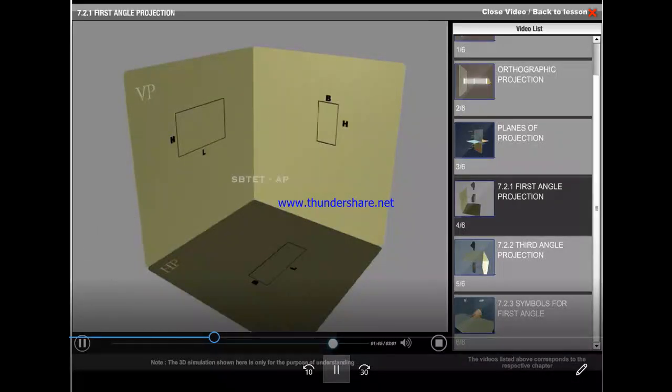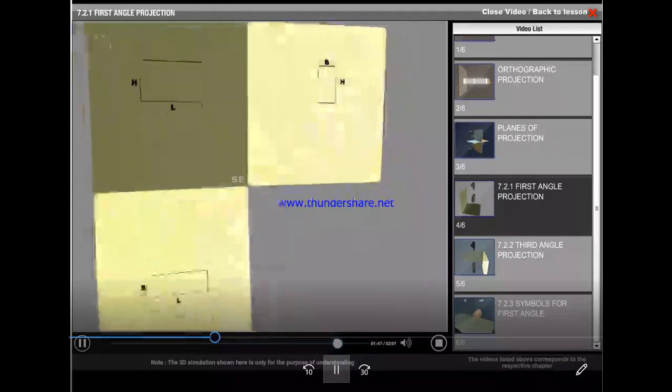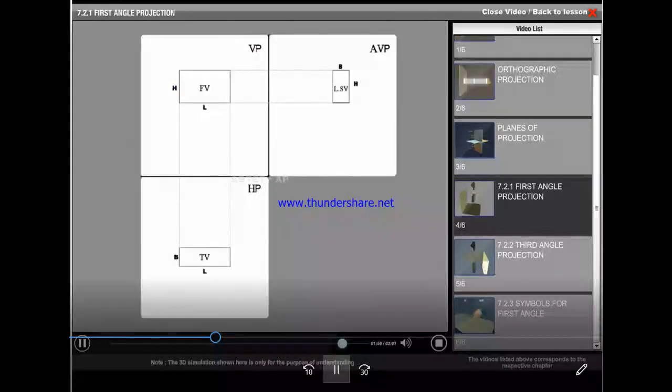Now rotate the auxiliary vertical plane through 90 degrees and keep it in line with the vertical plane. The left side view comes to the right of the front view.